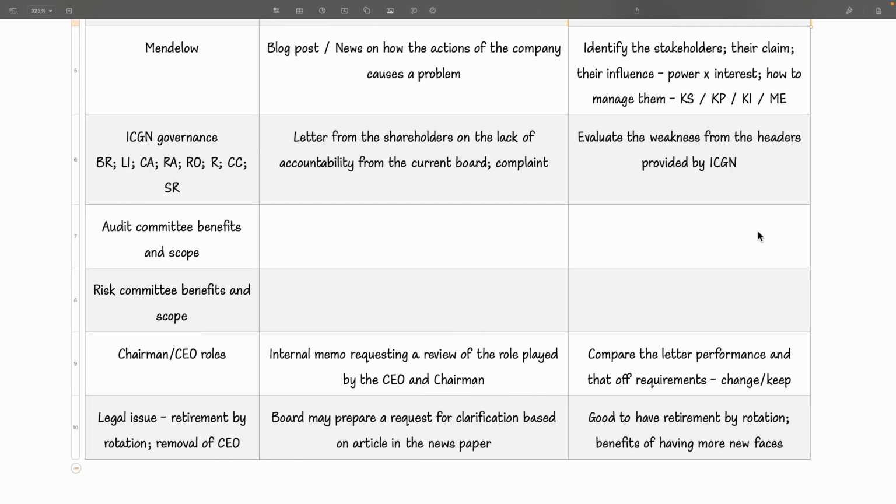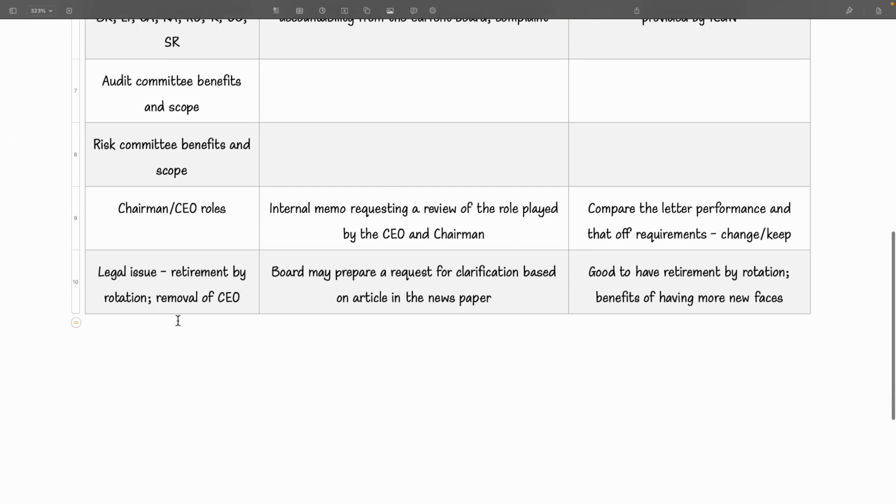Okay, remuneration committee. I hope you know the items of the remuneration committee, not that I think it will come out.